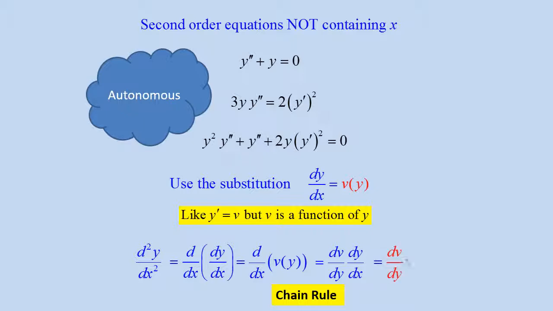And so we'll use this substitution, dy dx equals v, meaning v is a function of y, and the second derivative, d2y dx2, or y double prime, equals v times dv dy. Well, let's see how that works.